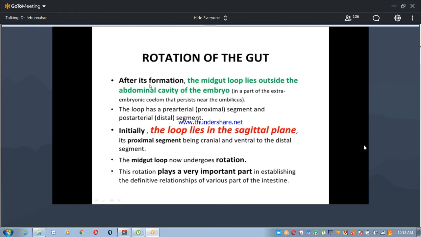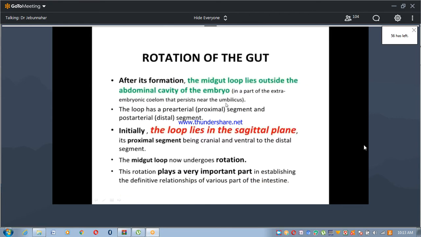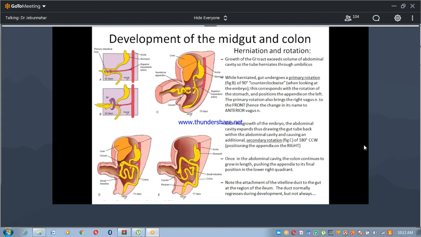So again, rotation of the gut. What we know is that after the formation of the gut, the midgut loop lies outside the abdominal cavity, which we saw in the figures, outside the abdominal cavity of the embryo, in a part of the extraembryonic coelom that persists near the umbilicus.